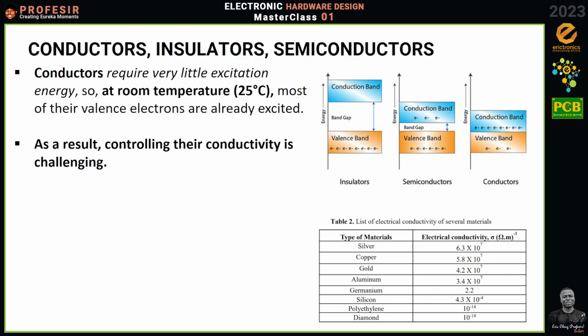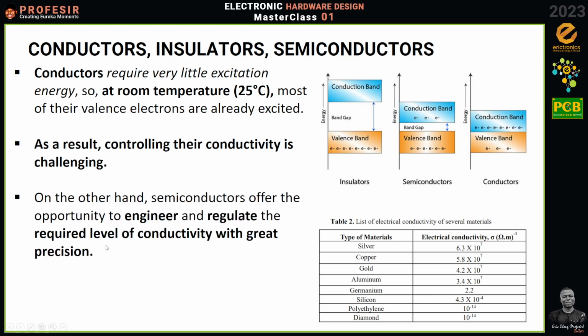A lot of energy has to be put into that, which is not something we would like to do. We basically want to spend less energy when dealing with electronics. So their ability to have good conductivity even at room temperature is a good thing, but it's also their flaw, because it makes it challenging to manipulate their conductivity.